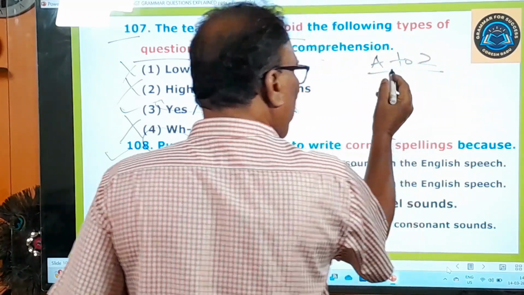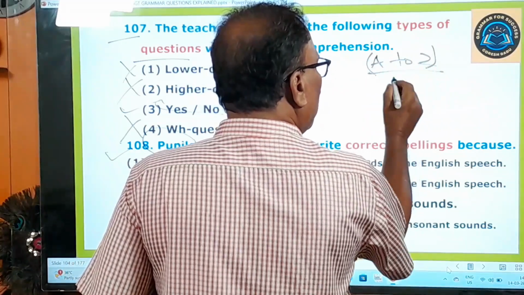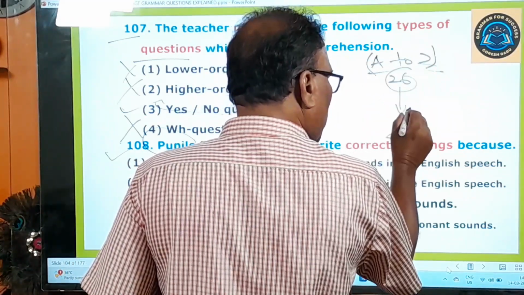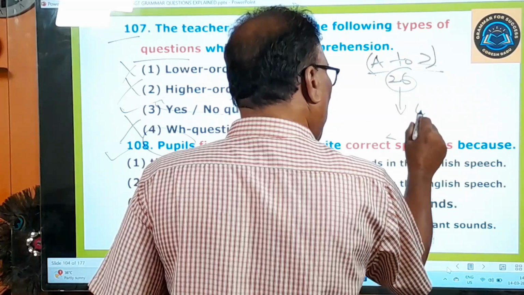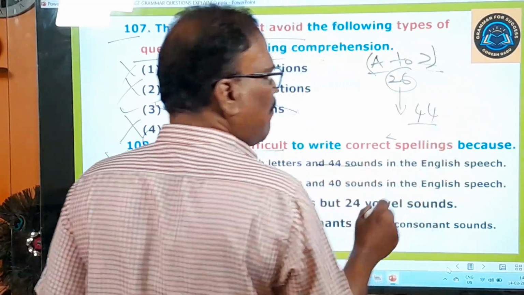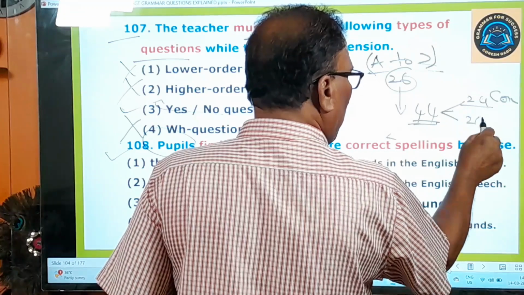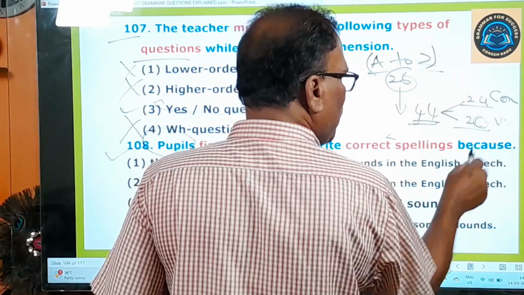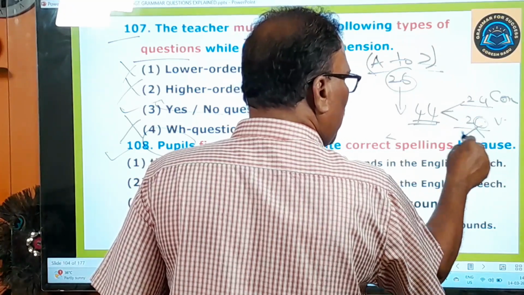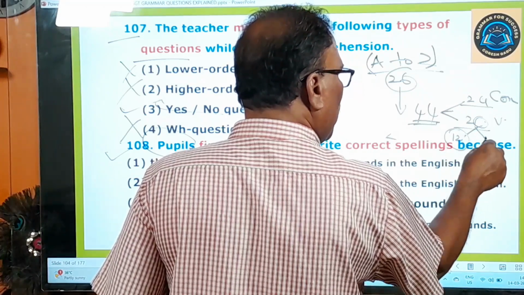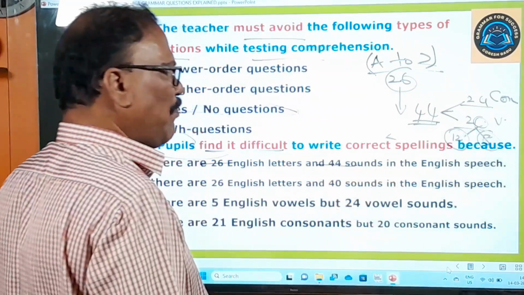These 26 letters produce 44 sounds. Of these 44 sounds, 24 are consonantal sounds and 20 are vowel sounds. Of these 20 vowel sounds, 12 are original vowel sounds and 8 are diphthongs.